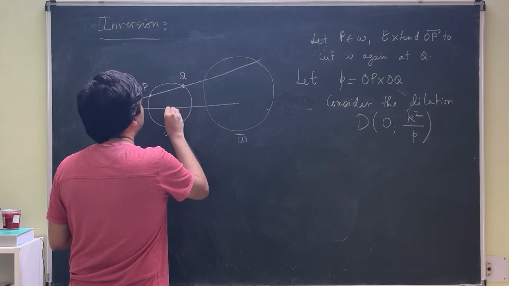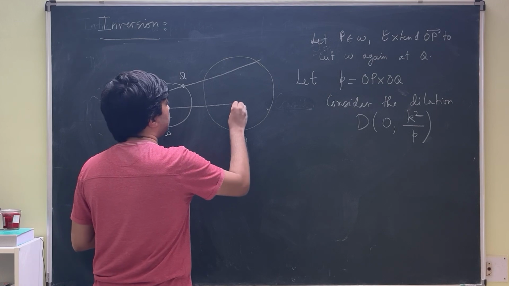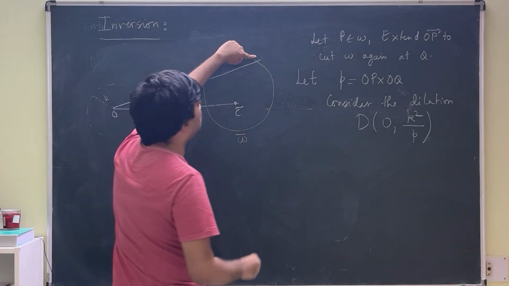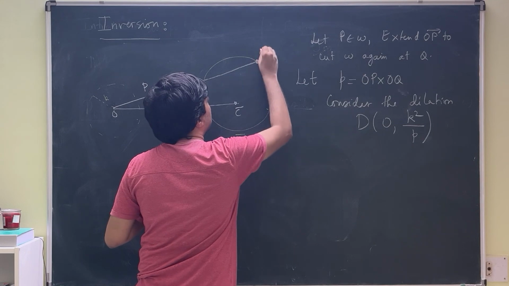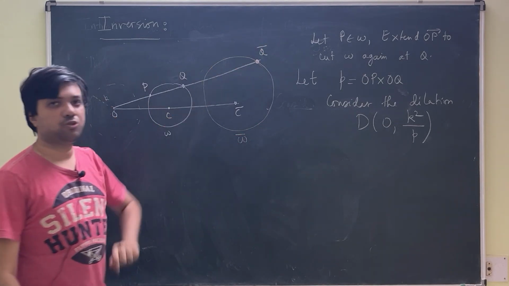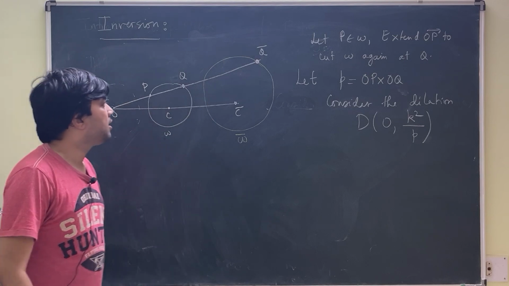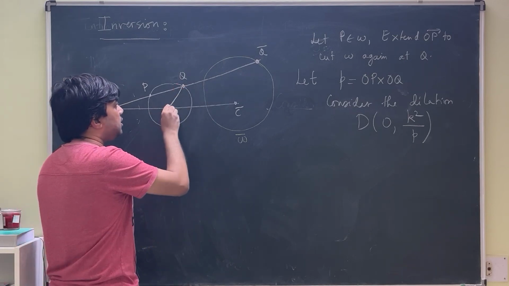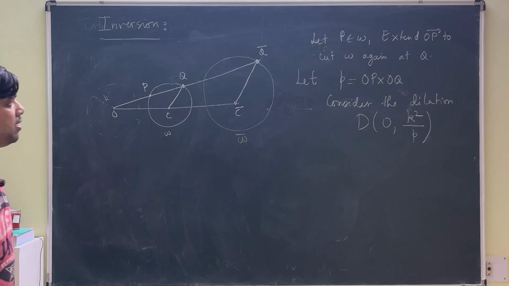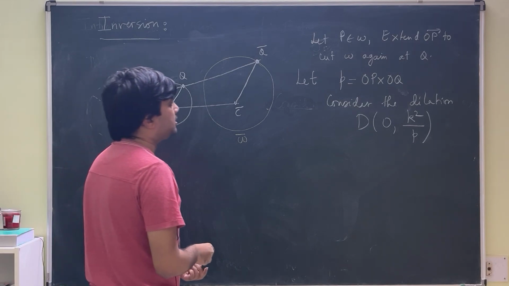Okay. Let's say this is the center and this is the center C bar. And we know that this point Q will go to some point Q bar. I don't care about P bar for a minute. So Q goes to Q bar. And we know that QC and Q bar C bar are supposed to be parallel. Okay. We know all this.